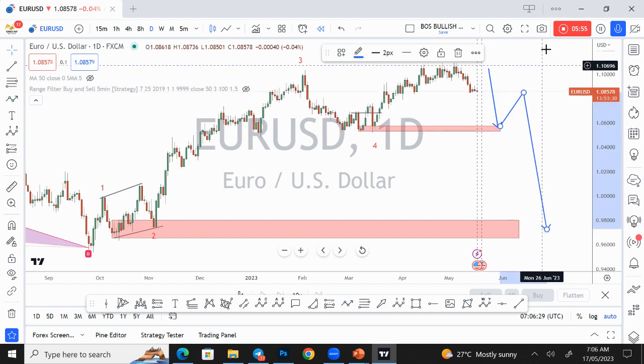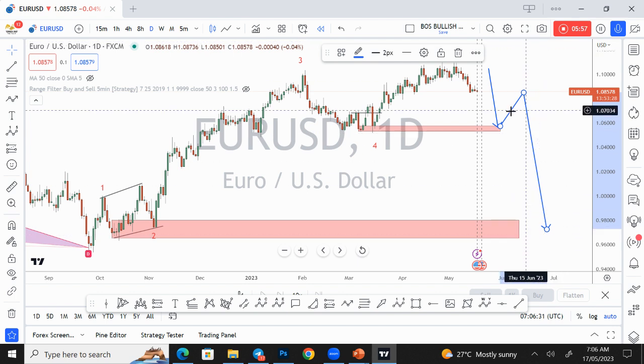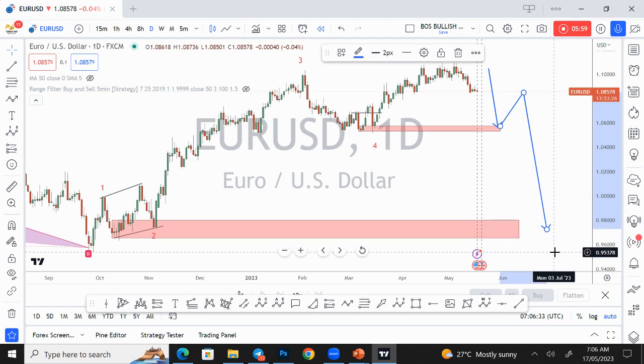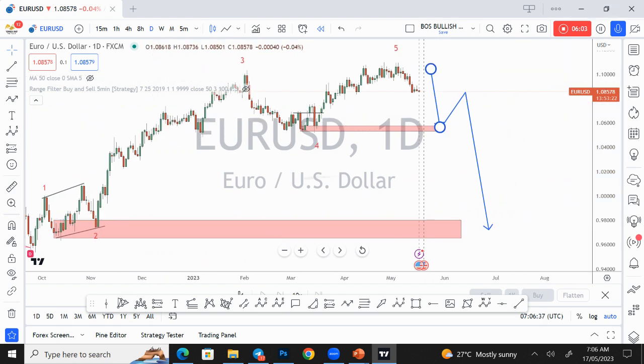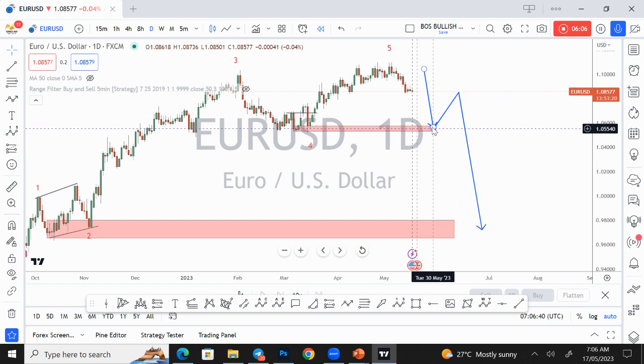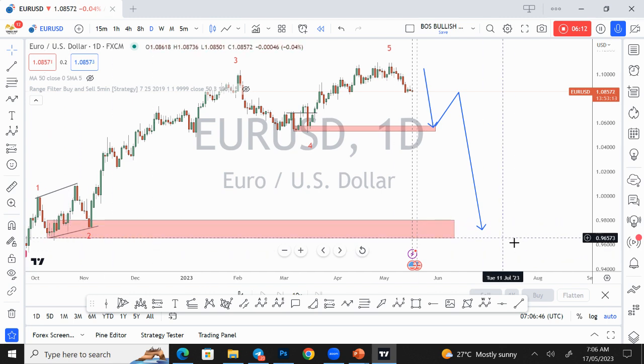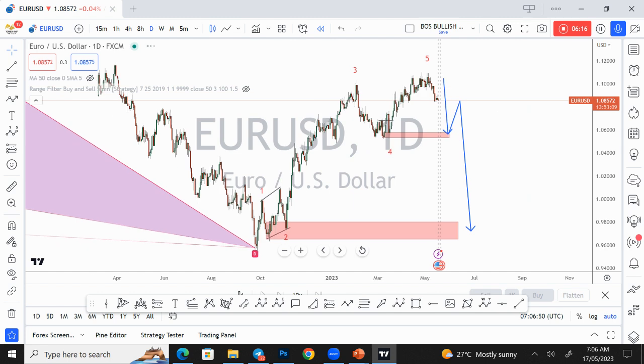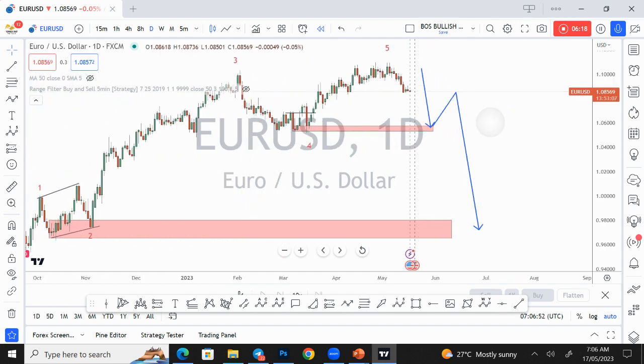So it can go up from here, or it can create an inducement and drop to the next. If the buy orders over here are not matched to push the price up, then we should be expecting it to come down to the next order block over here to pick more buy orders before it goes up.